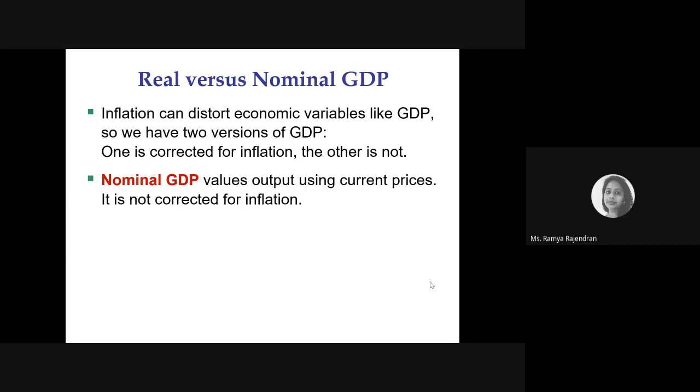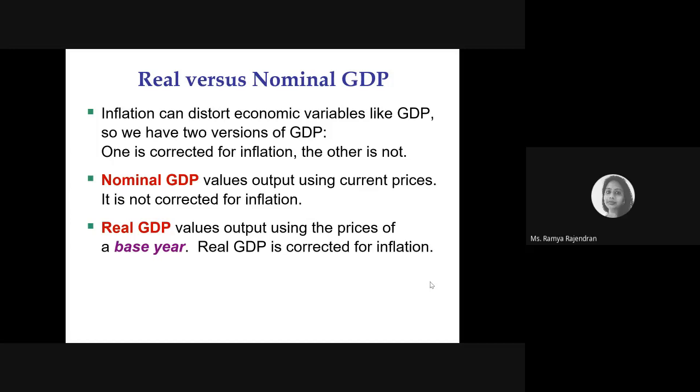Nominal GDP values output using current prices and is not corrected for inflation, whereas real GDP values output based on the prices of a base year, which you can consider any previous year. So real GDP is corrected for inflation, whereas nominal GDP is not.